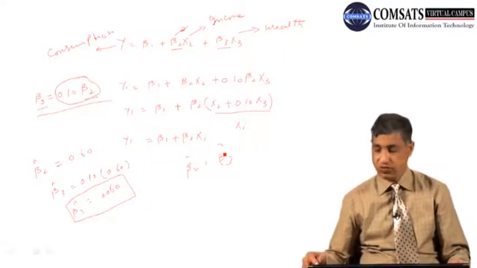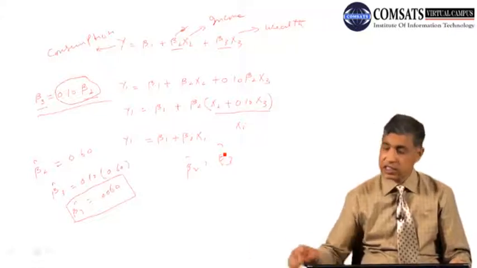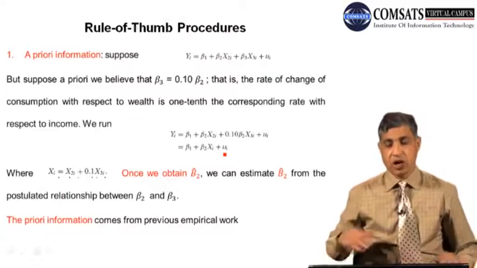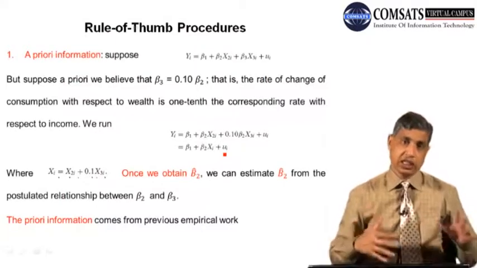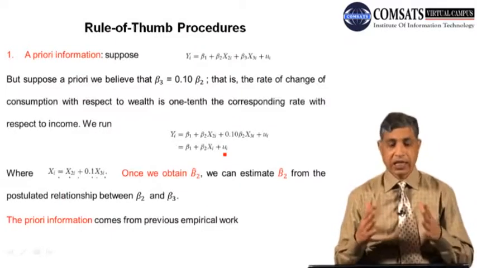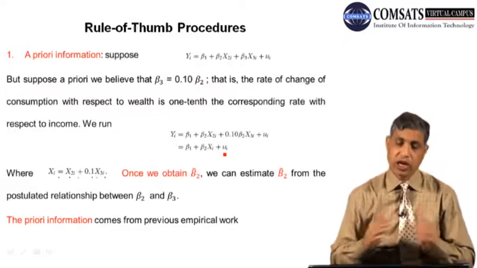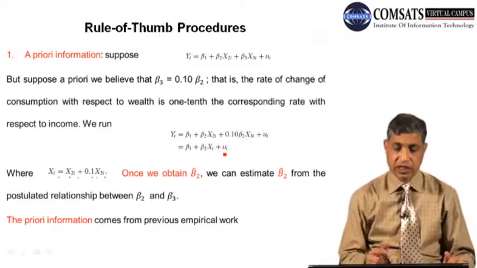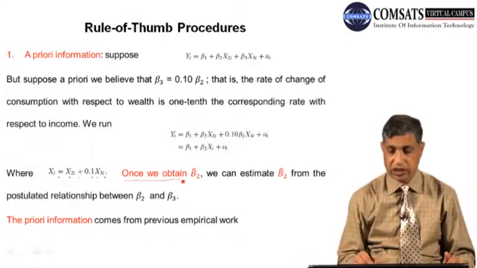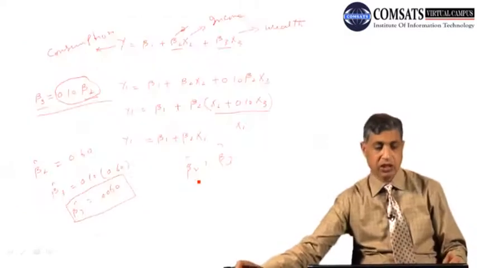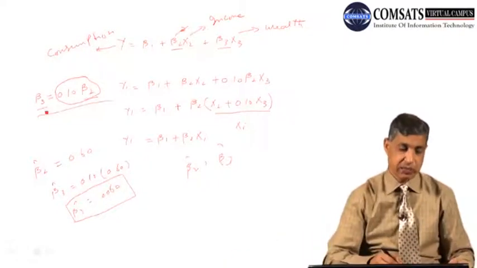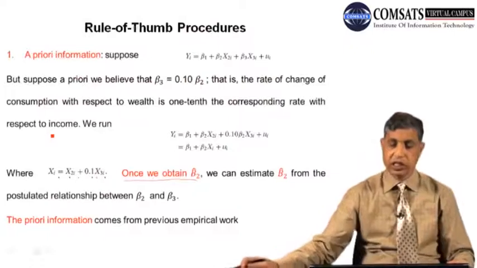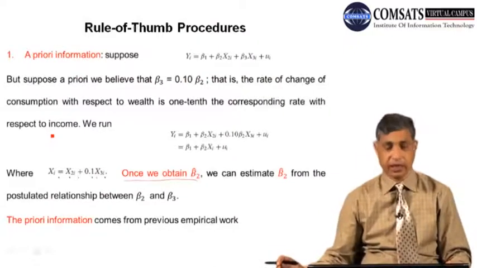So what is this? We are saying that this is a way that if we have the prior information, we can do a manipulation in such a way that it helps us to reduce the multicollinearity. So if you look here, once we obtain the beta 2 hat value as we obtained here, you can say that we can immediately estimate beta 3.